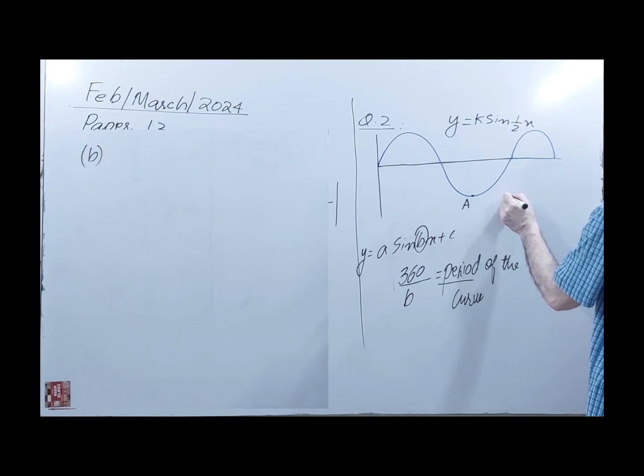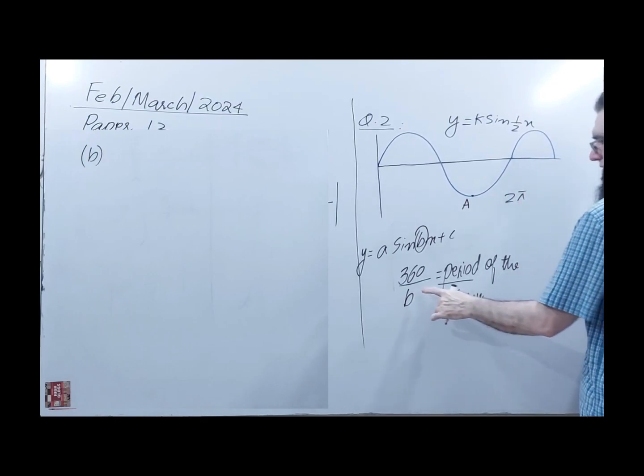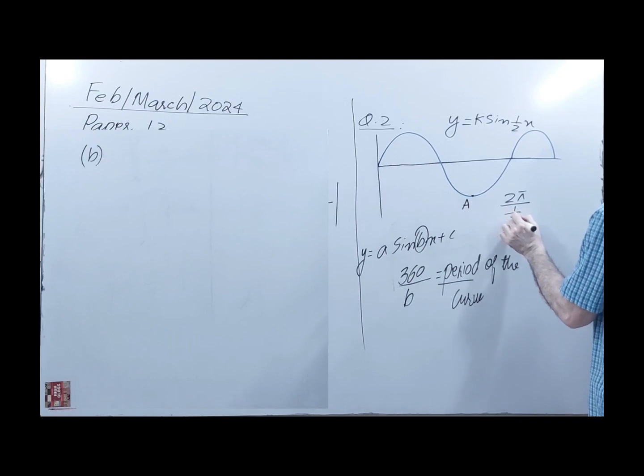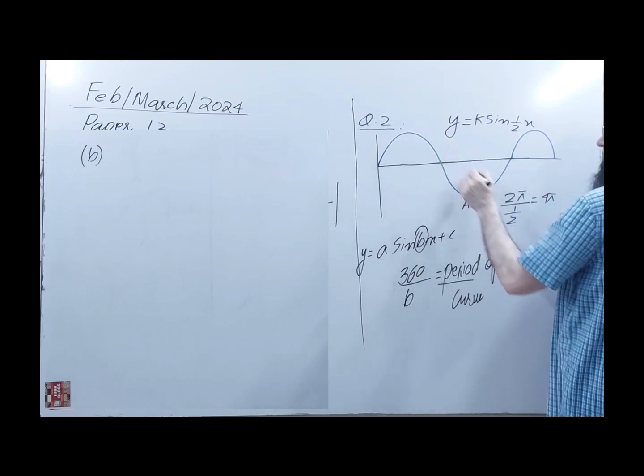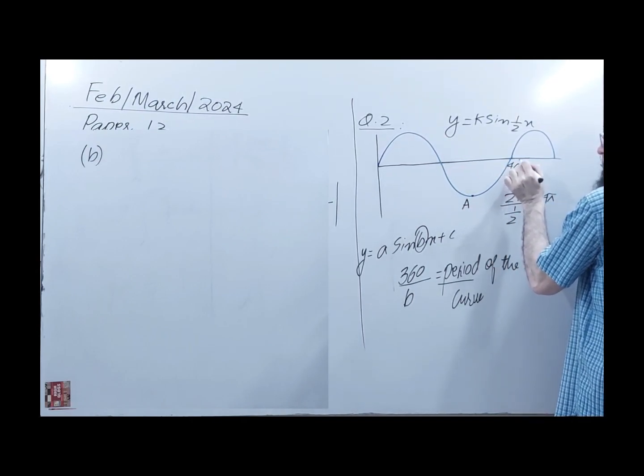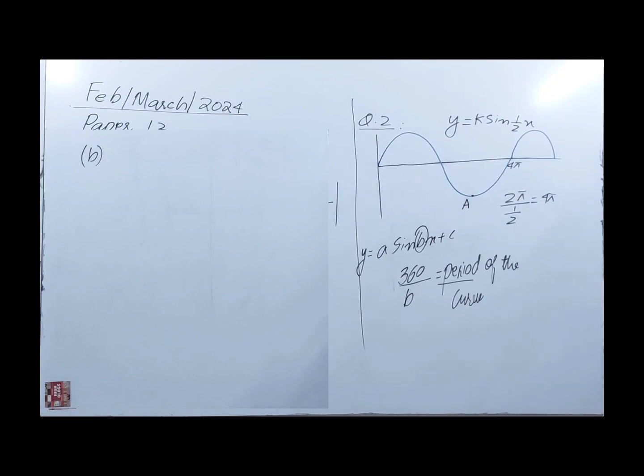So in radians, the normal period is 2 pi divided by half. So the period of this curve is 4 pi. It means one wave is completed in 4 pi. I hope this is clear.